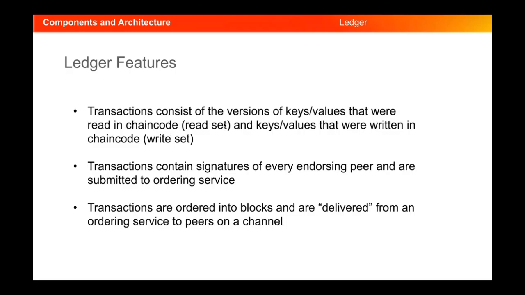Next, a transaction consists of versions of key value pairs that were read in a chaincode, which is called the read set, and the key value pairs that were written in the chaincode, which is called the write set. The transaction contains the signature of every endorsing peer and is submitted to the ordering service. The transactions are ordered into blocks and delivered from the ordering service to peers on a channel.